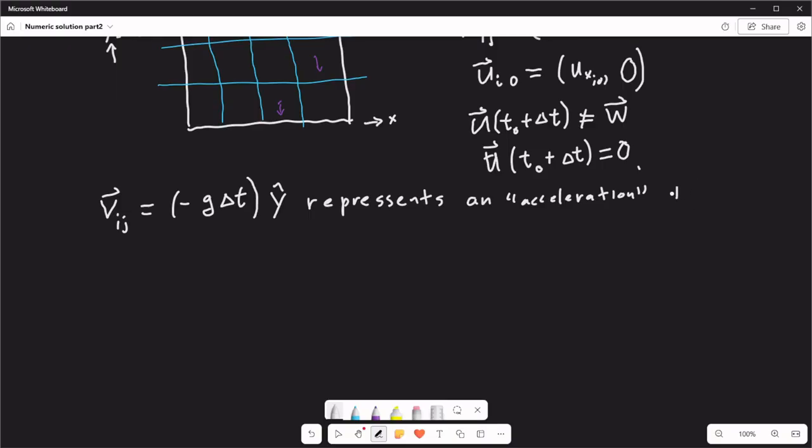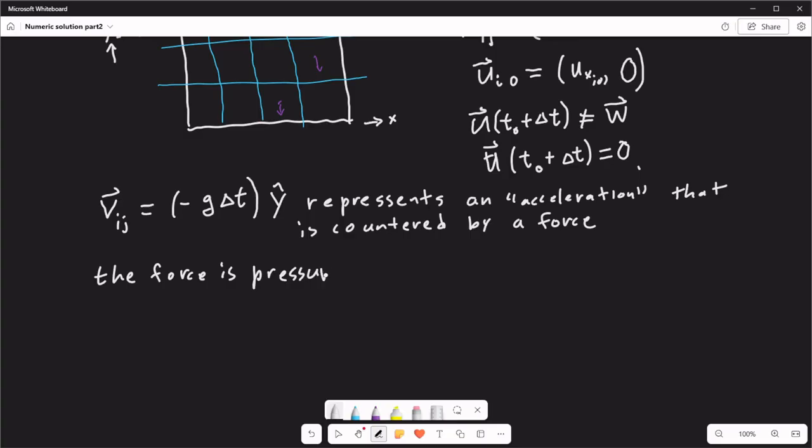That is countered by a force, and the force that does this is pressure, or more precisely, the gradient of pressure.